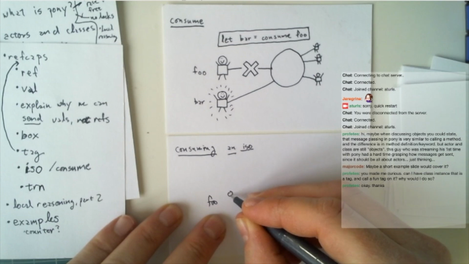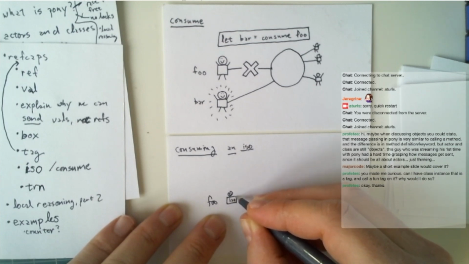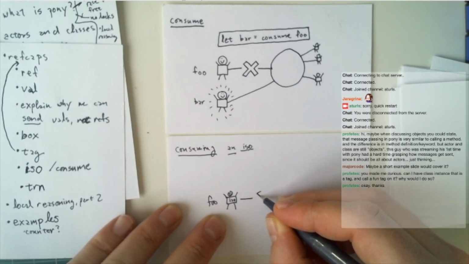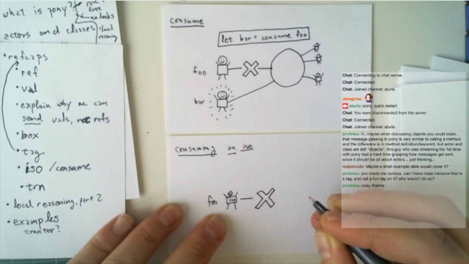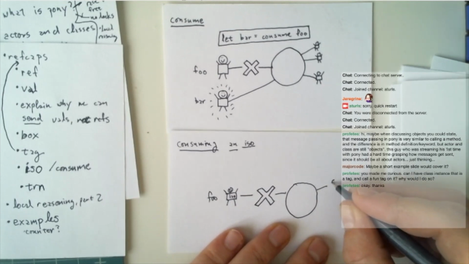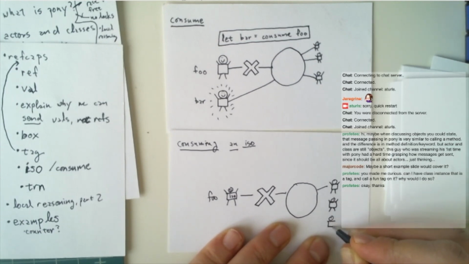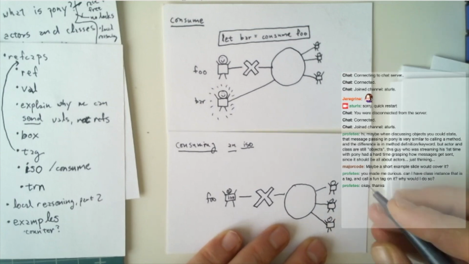So if we have foo here, and we get rid of foo's reference, remember, since foo was iso, we know that these other potential references out in the universe could only send messages to the object.